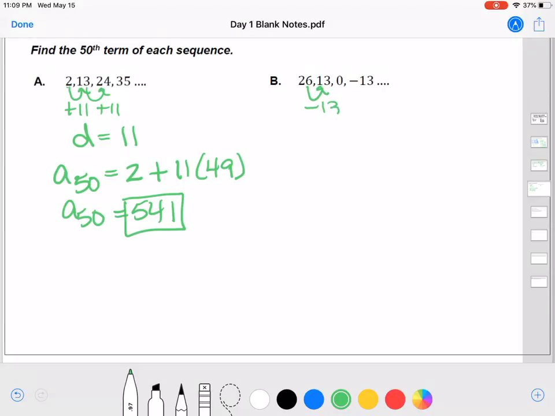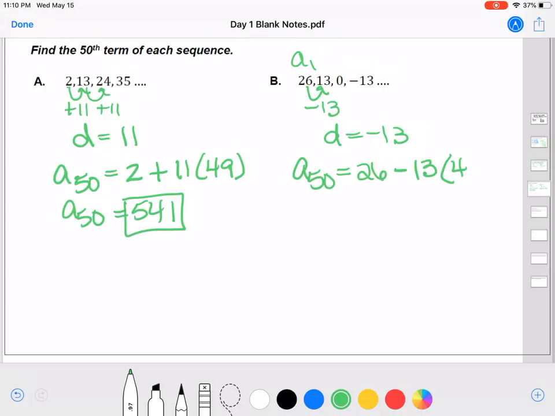We're subtracting 13, so my common difference is negative 13. If I wanted the 50th term here, I start with my first term, a sub 1, which is 26. And I'm going to subtract 13. How many times to get to the 50th term?